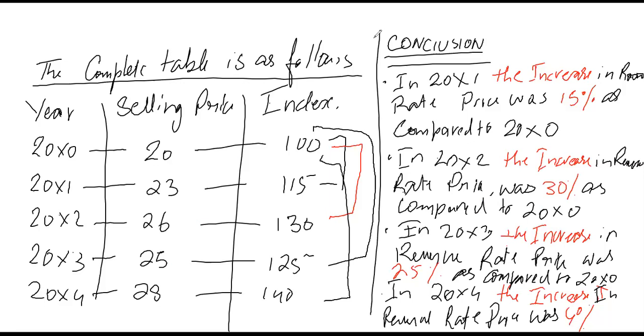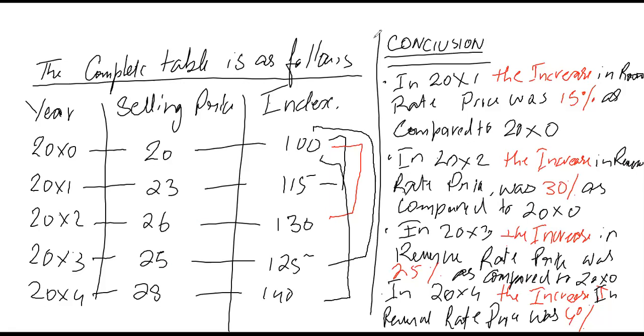Now, if I say that the sales price per room of 2001 increased by 15%, this gives me a hint that my revenue should also increase by 15%.